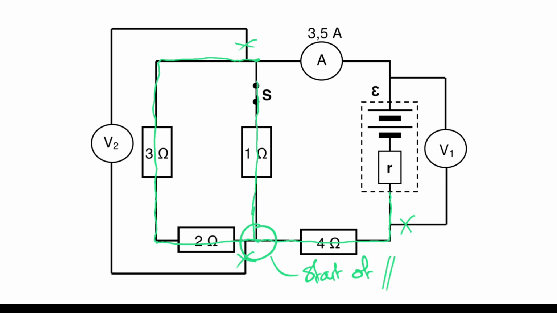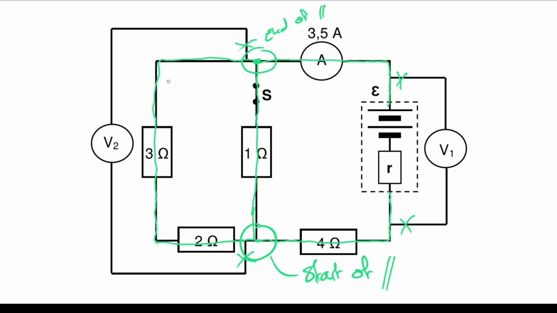We come together over here, and here is the end of the parallel section. Then we travel through an ammeter. Voltmeter again, none of that business, and back into the battery. So from this section over here to that section over there, all of that is in parallel.